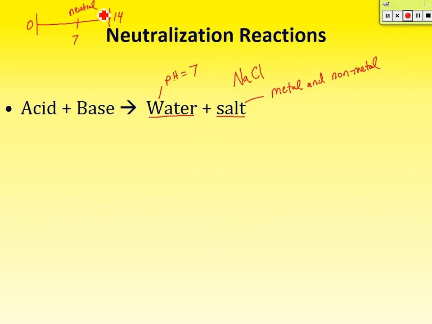So if I had an acid that was down here on the pH scale, it was very acidic, and I spilled some of that acid, I could neutralize it by reacting it with a base in this region. And where's the pH going to meet? Right in the middle at 7, and that's why they're called neutralization reactions.